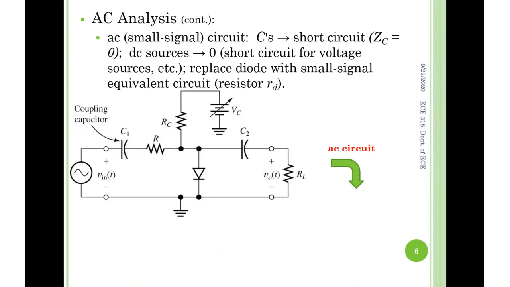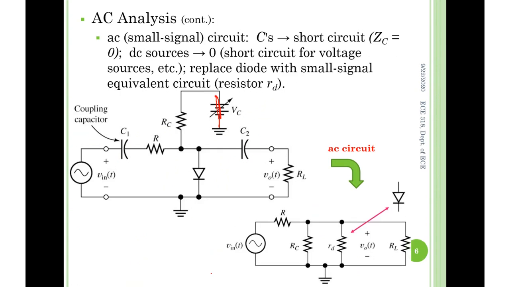And here we keep C1 and C2 this time by shorting them, and short out the DC supply up here. And then this is the result of the AC circuit. And of course, the diode becomes the AC small signal model, which is RD. Does it make sense? This is the result of the AC circuit.